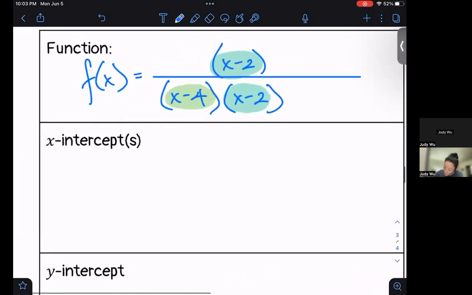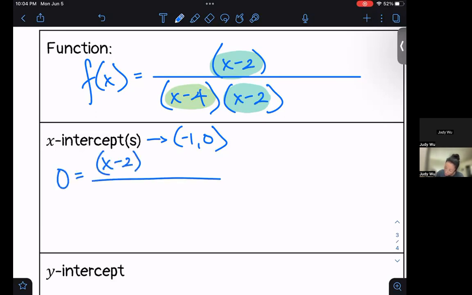I know that I want this to be -1, 0. That means when I set it equal to 0, I should get x equals -1. Like -1 will make my fraction equal to 0.